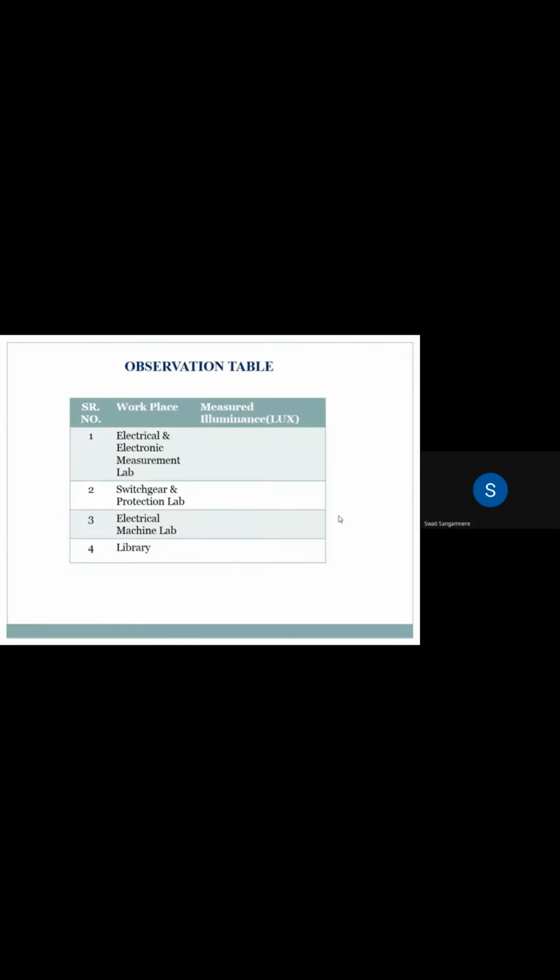Then see, this is the observation table. In workplace we can write various types of labs: first, electrical and electronic measurement lab, then switchgear and protection lab, third, electrical machine lab, and fourth, the library. Then in measured illumination we can write the illumination at that particular workplace.